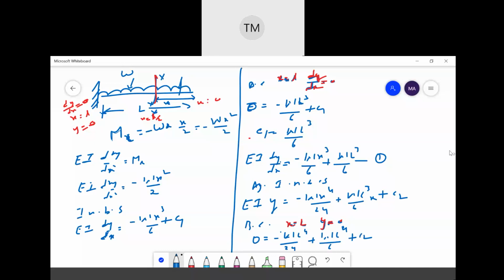When you take the LCM, it will be 24, so multiply by 1 and 4. The remaining term I will get, simplify this one.